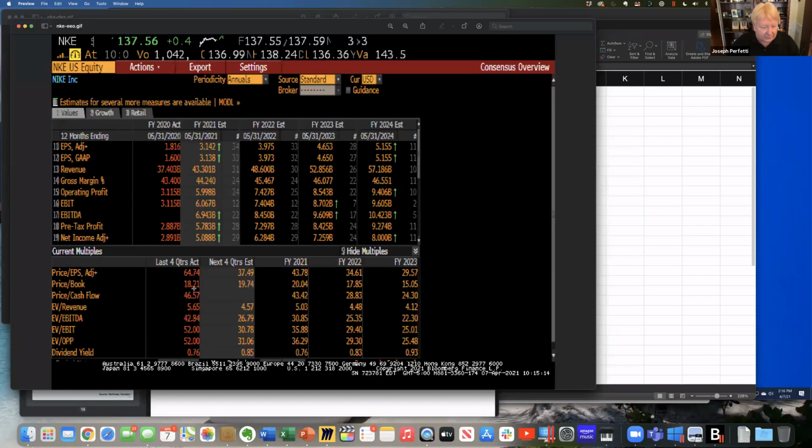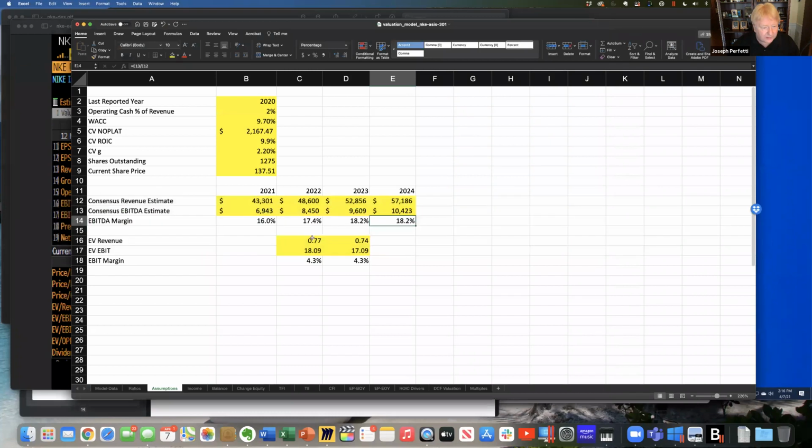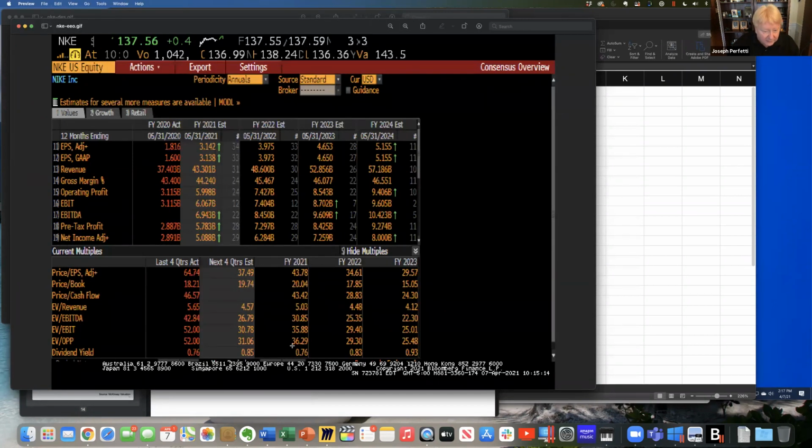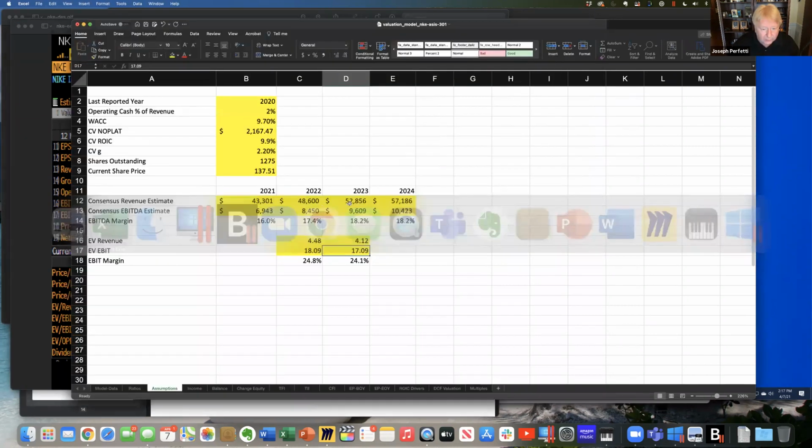And my second forward year, 1-2, EV to sales is 4.48. And I'm going to do the fifth year, which is 4.12. And EV to EBIT was 29.4.